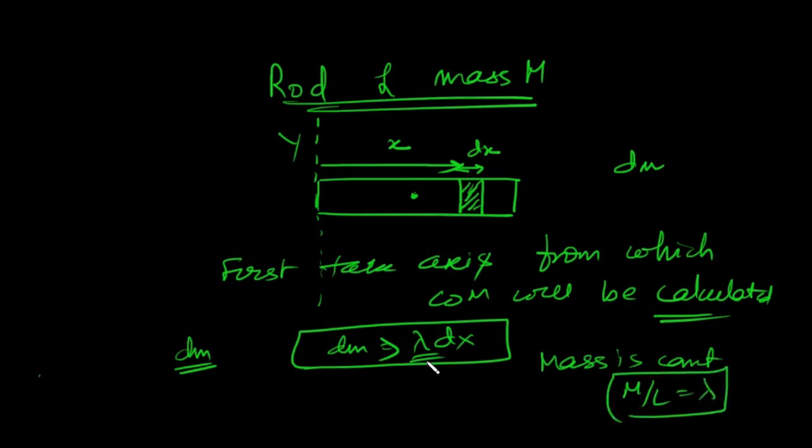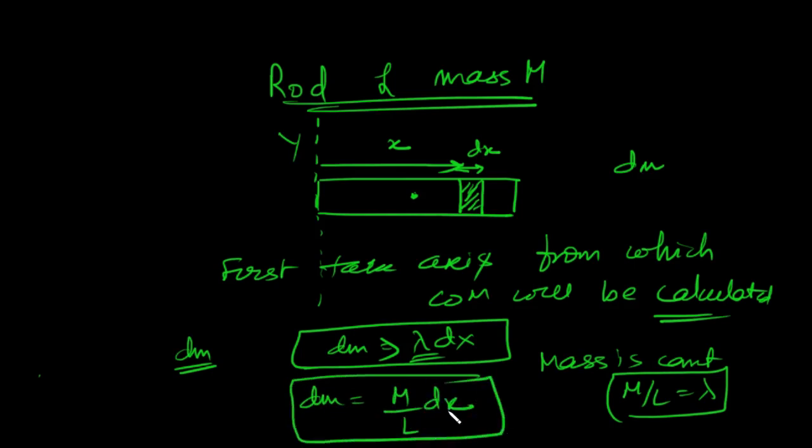So for any width dx, since the mass per unit length is constant, the element mass for a length element dx will be lambda dx. So dm equals m divided by l into dx. This is the element mass.